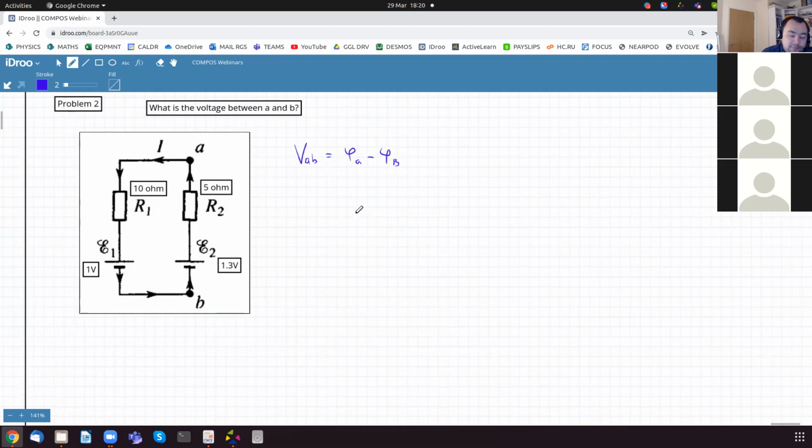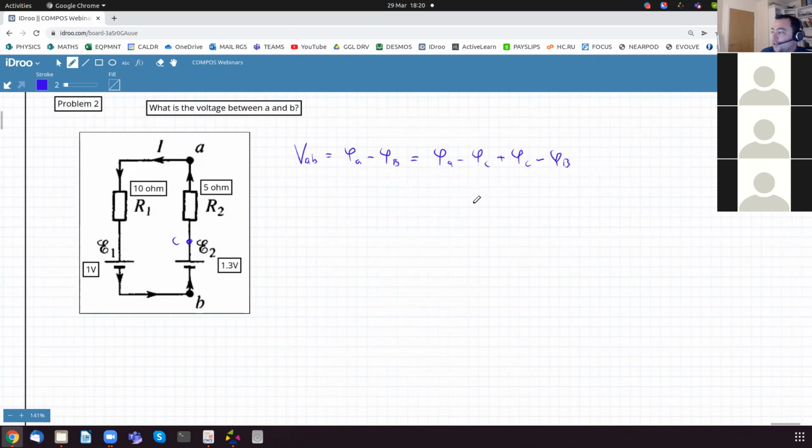Now, interestingly, if I put another point here and call it point C, I can write potential at A minus potential at C plus potential at C minus potential at B. So look at that.